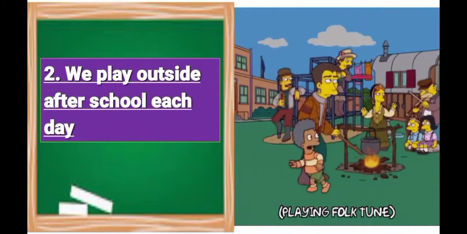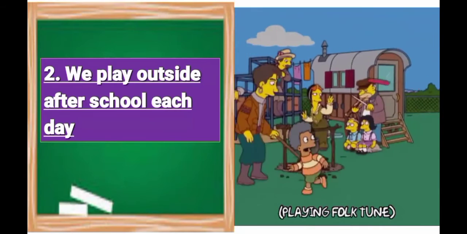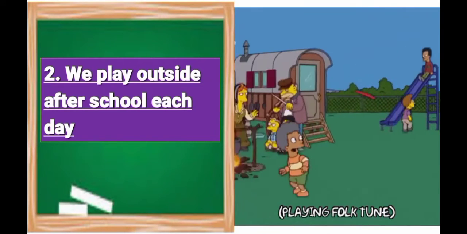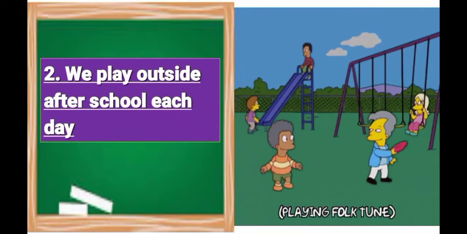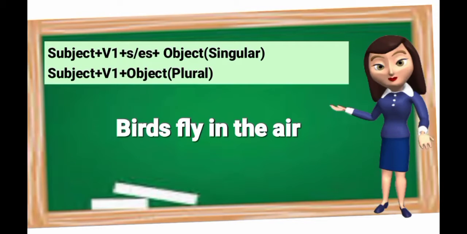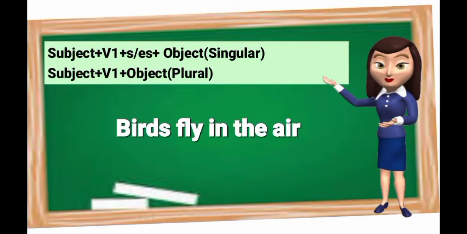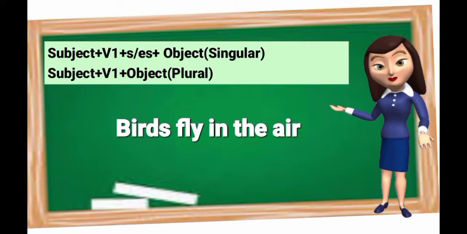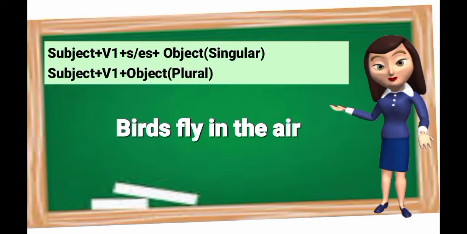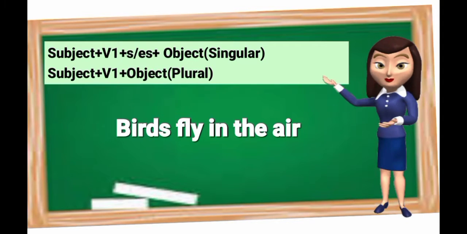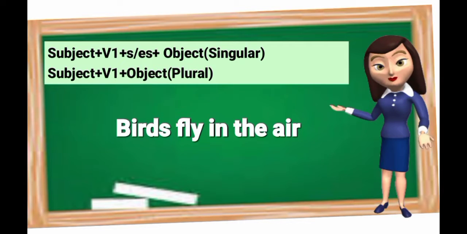Aside from that, every tense has a rule for forming a sentence. These are the rules of simple present tense in forming a sentence. The rules are: subject plus V1 plus es or s plus object, for singular; subject plus V1 plus object, for plural.